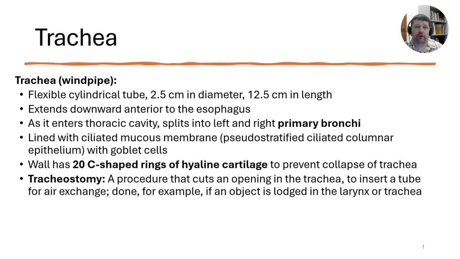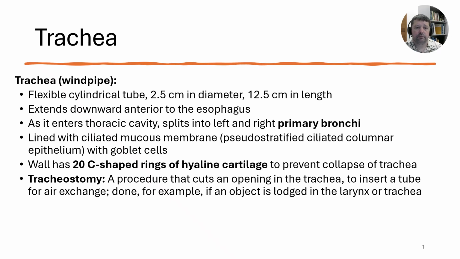But the feature that normally students are really associating with the trachea is the hyaline cartilage, or the rings, the tracheal cartilage. And so these rings, although they look like a complete ring, it's really just a C shape. Okay, the back portion of the ring is open.